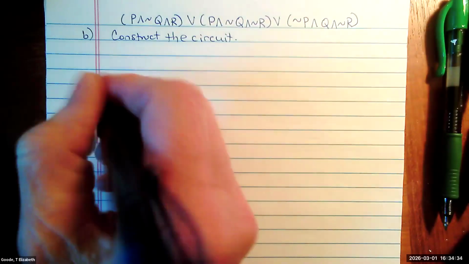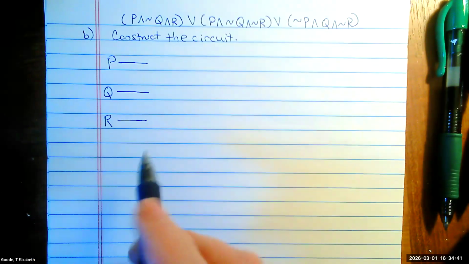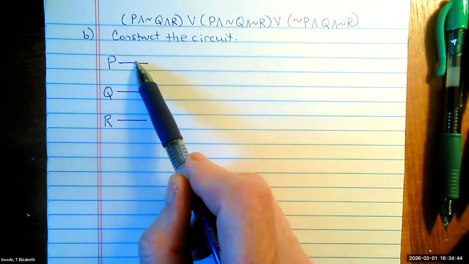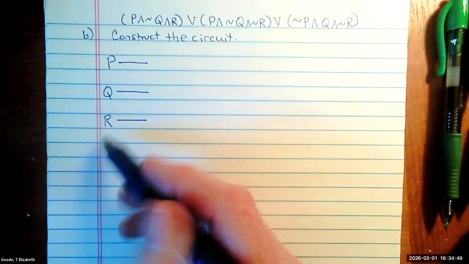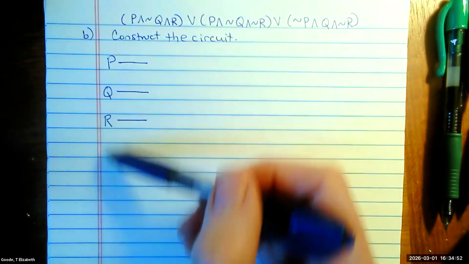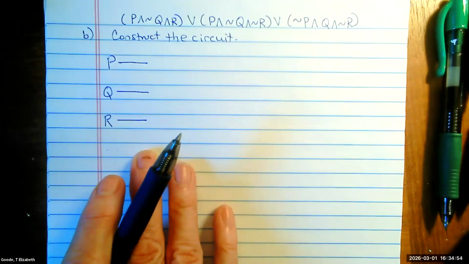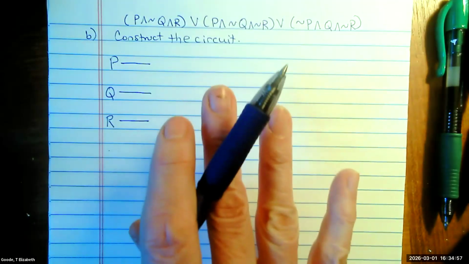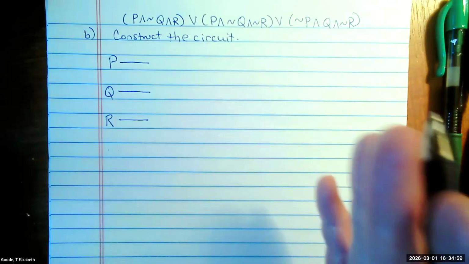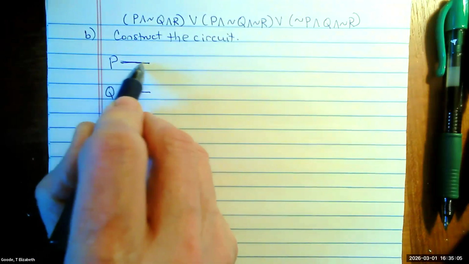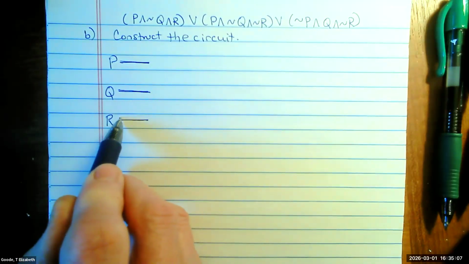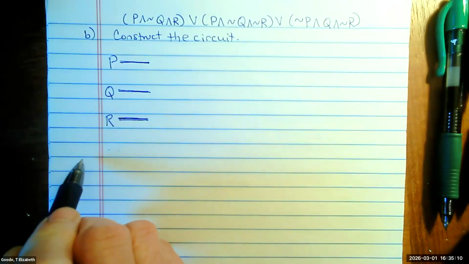And that means there are going to be 3 input wires, one for each input variable. That's it. If we want to do something with this P value, like we want to make it a not P, we can't just draw a not P here. We can't have 2 P wires coming in. P represents some particular value. It could be hot or cold, but the point is we only have 1 input wire for each variable. That's good to know at the very get-go.